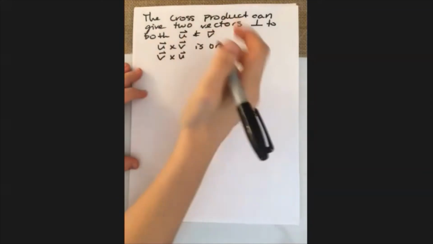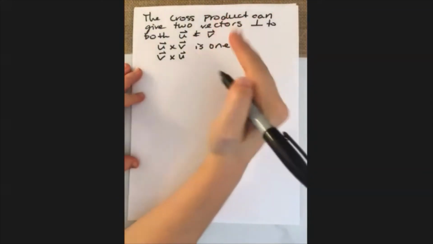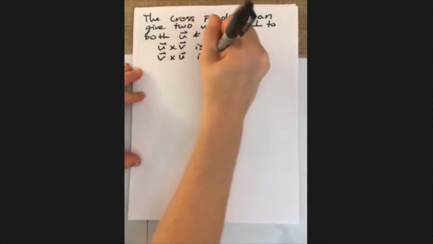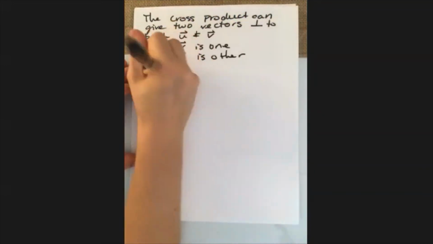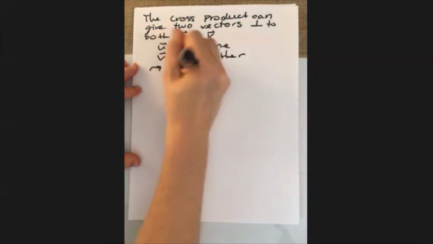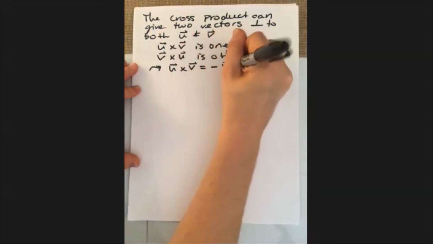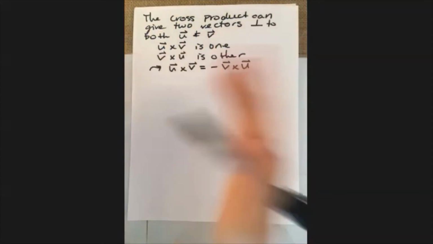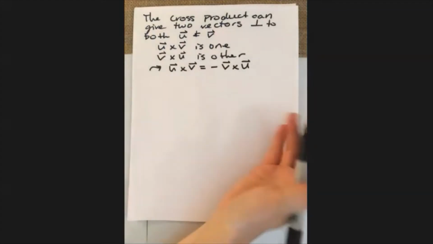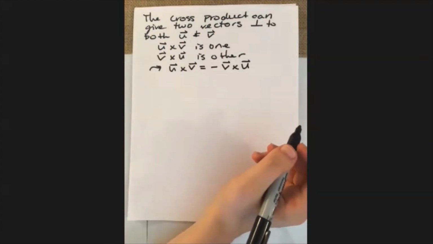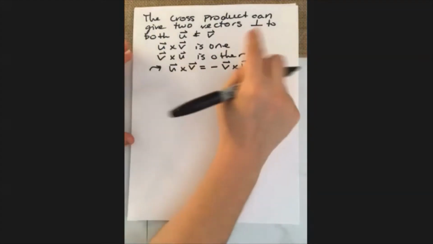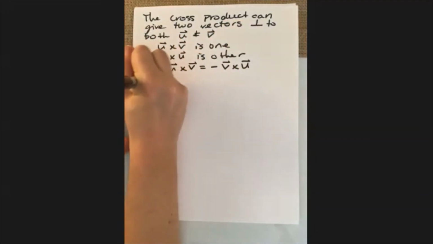Swapping these two is not the same, which is really why it's important that you get your rows in the right order. And the way that they're related is that one points in simply the opposite direction of the other, meaning that all you do is take one, multiply it by -1, and you get two vectors that are perpendicular to both u and v.